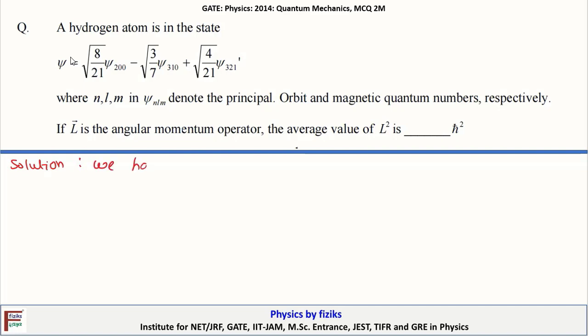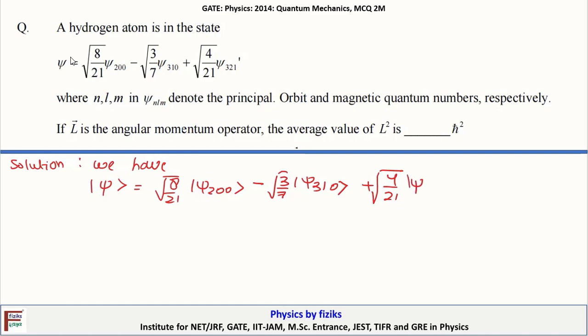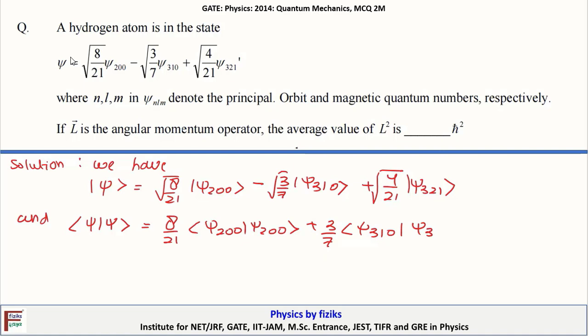We have the state ψ, and ⟨ψ|ψ⟩ equals 8/21 plus 9/21 plus 4/21 equals 1, that is ψ is normalized.